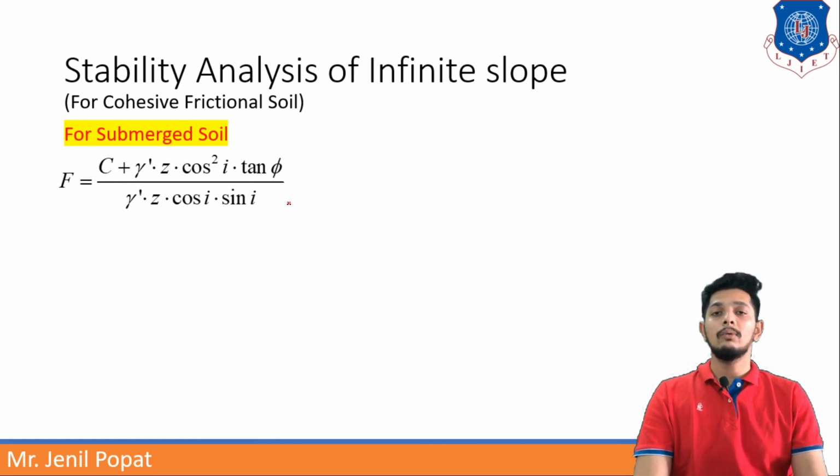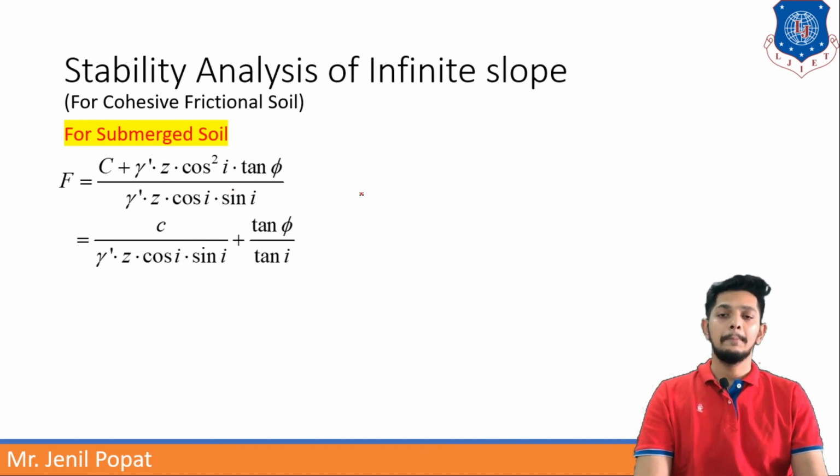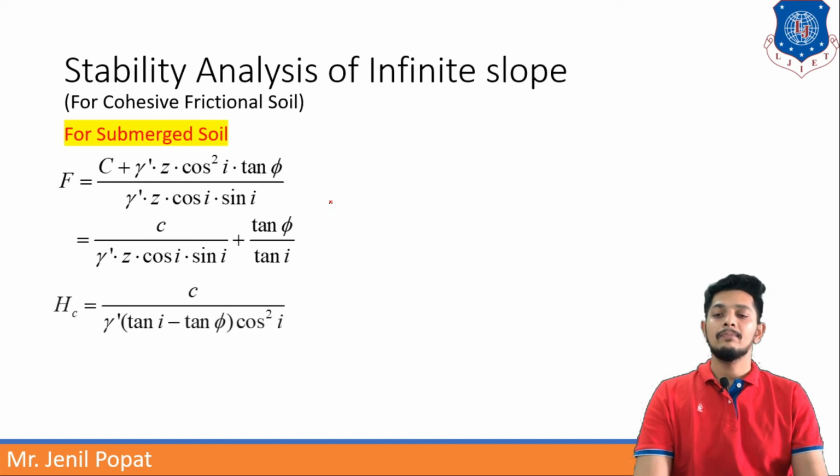So let us divide both by gamma dash z cos I into sin I individually. By dividing that, I will get the right hand side term as tan phi upon tan I. Now critical height hc can be defined like this: c upon gamma dash tan I minus tan phi into cos square I. It is very simple.